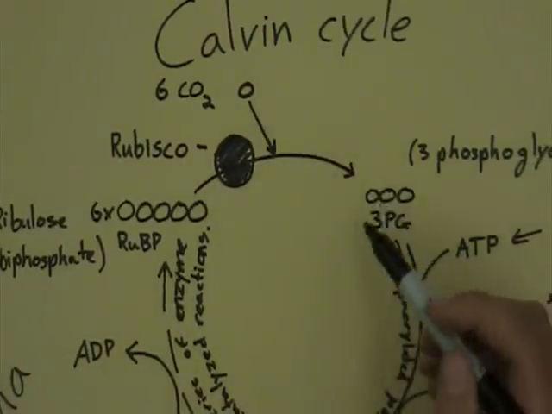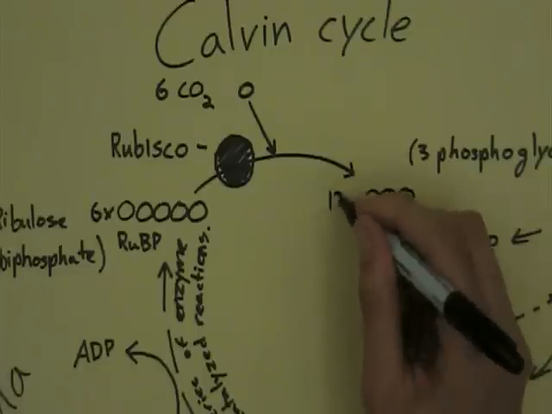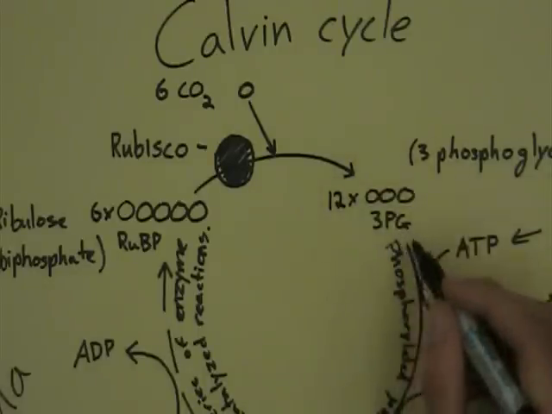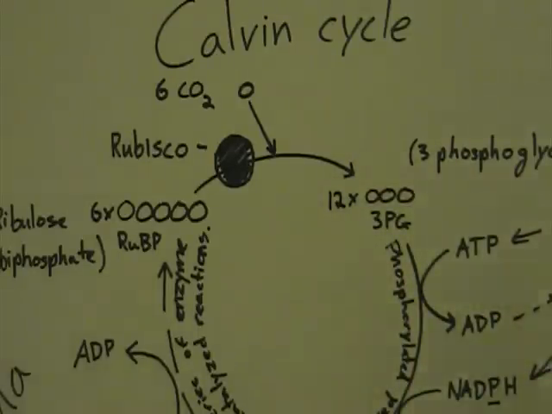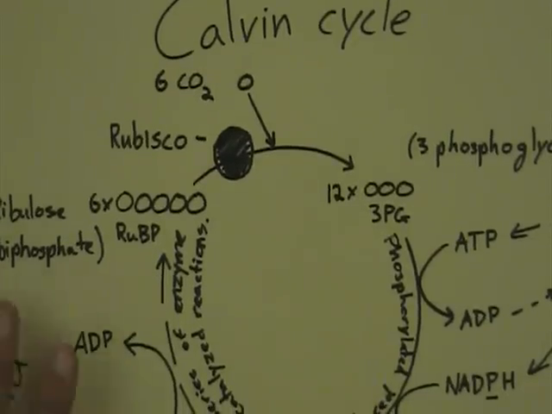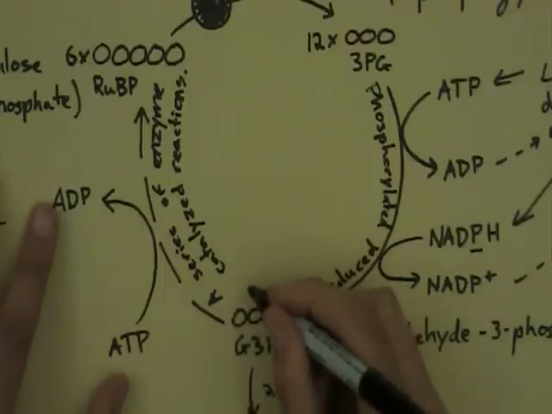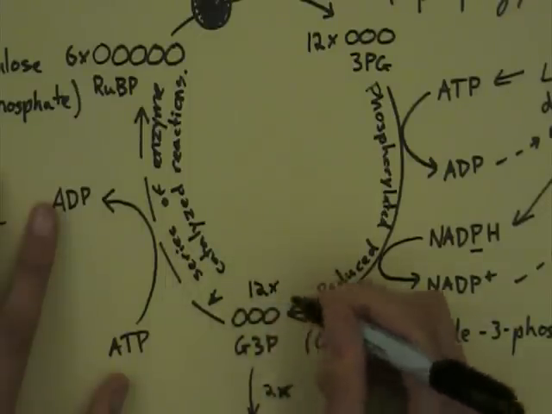These join together to make 3PG, and because it splits into a 3 carbon molecule, there's going to be 12 of them. Okay, that should make sense to you so far. This results in 12 G3P.